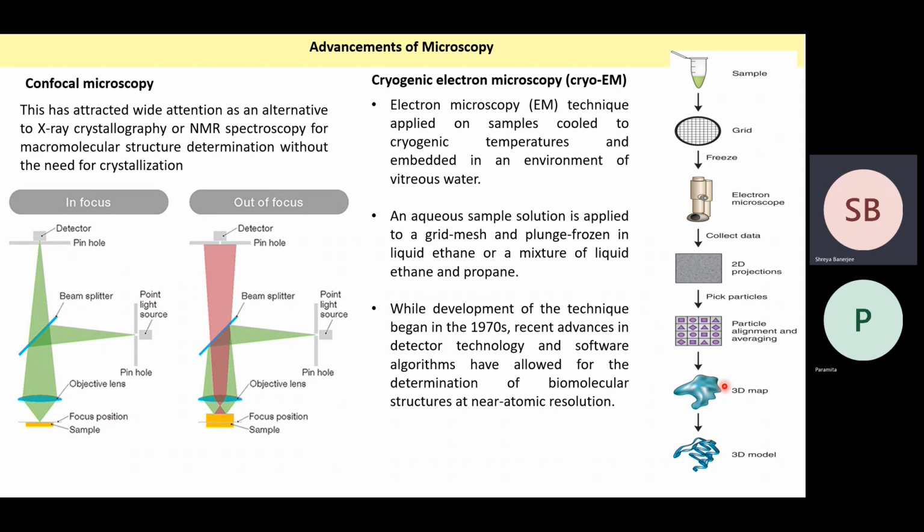When all the 2D images are summed together to get a net 3D picture of the protein, then you can reconstruct the picture of the protein as it is in nature. While development of this technique began in the 1970s, recent advances in detector technology and software algorithms have allowed for the determination of biomolecular structures at near atomic resolution. That means that you can get the structure of the protein not just at its surface, but up to the level of each individual atom.